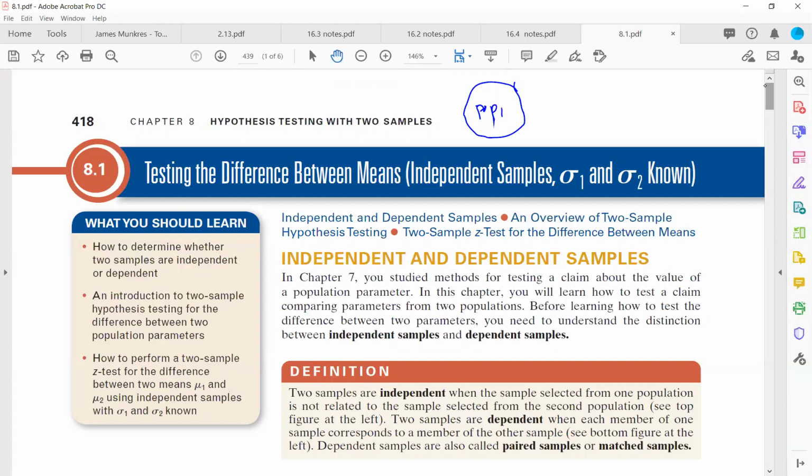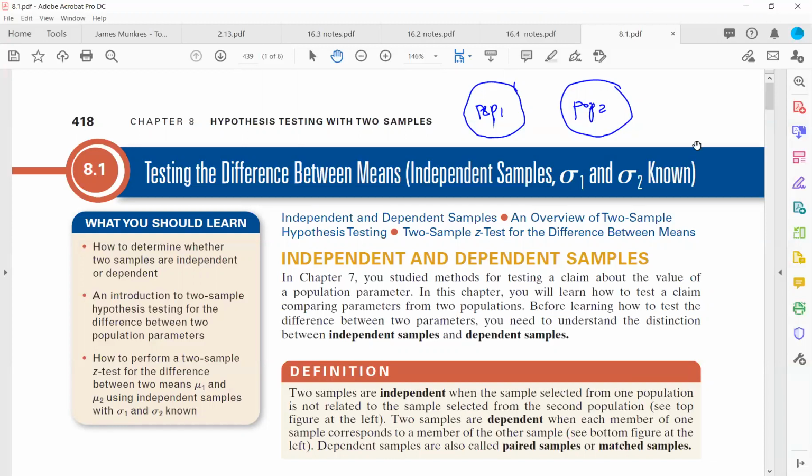You can compare this population with another population, like population of students in West Valley College. We're interested in, for example, comparing the means of these two populations or comparing the proportions of these two populations.